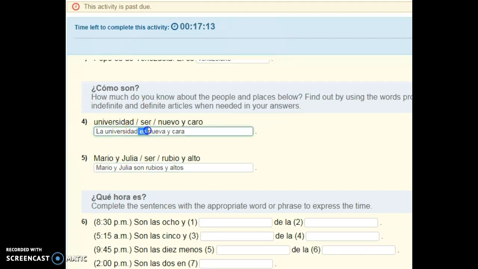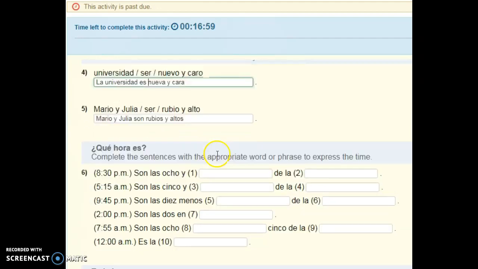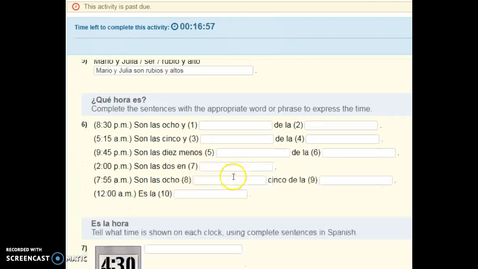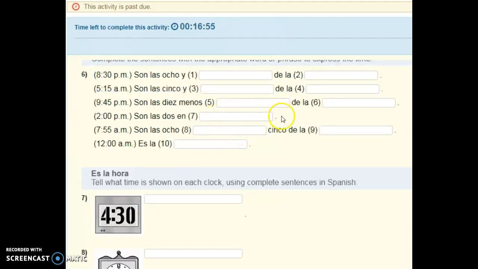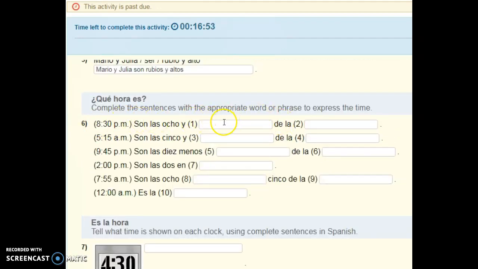Articles, the verb needs to be conjugated, and the adjectives need to be adjusted to match the number and gender of the noun that they're describing.